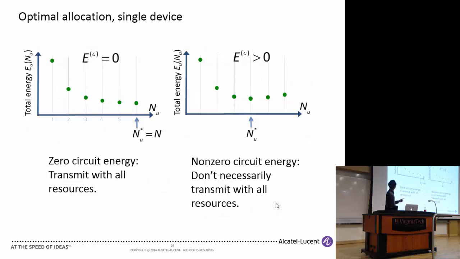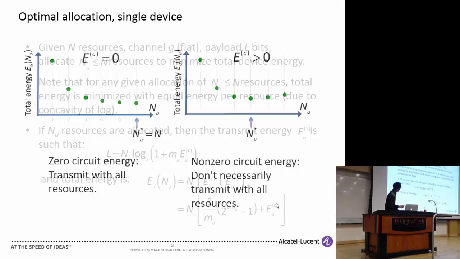Okay, so now let's look at this expression of the total energy as a function of NU. And so the problem is basically finding NU which minimizes this total energy. So in a special case, and remember this is just a single device, where there's no circuit energy overhead, EC is 0, then it turns out that the total energy decreases monotonically as you increase the number of resources.